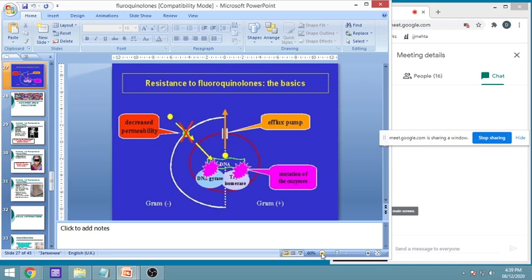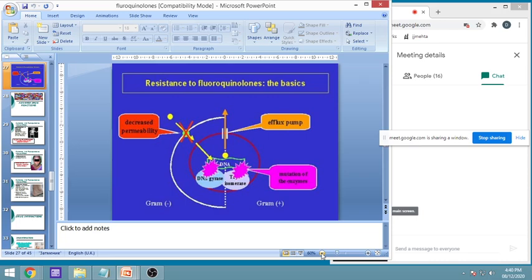It will decrease the permeability to these drugs, and thus the drug will not be able to enter inside the cell. Next, most microorganisms can initiate efflux pumps, that is, they will form channels, and through these channels the antibiotic is removed, so its concentration in the cell will decrease.